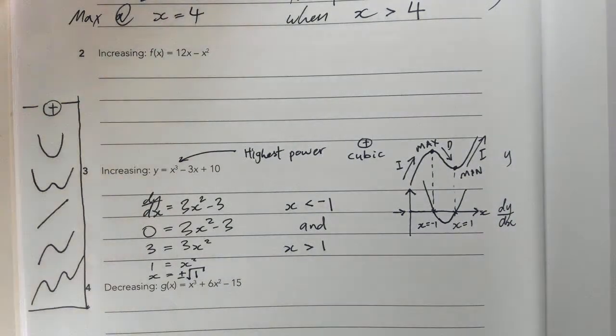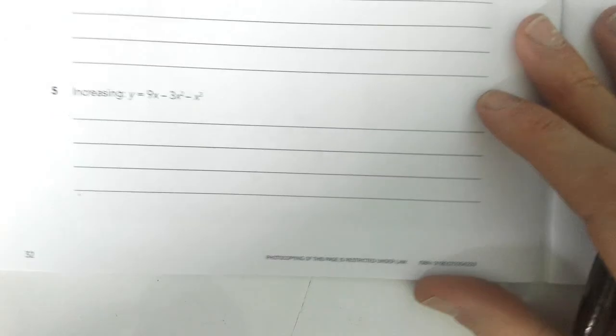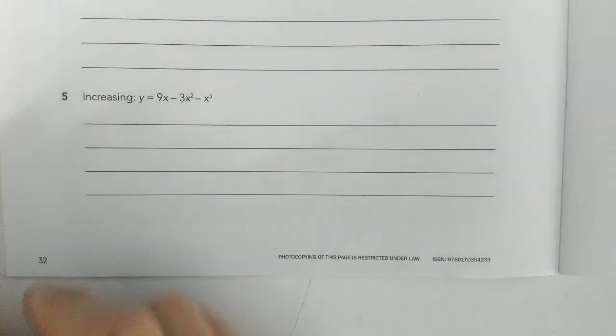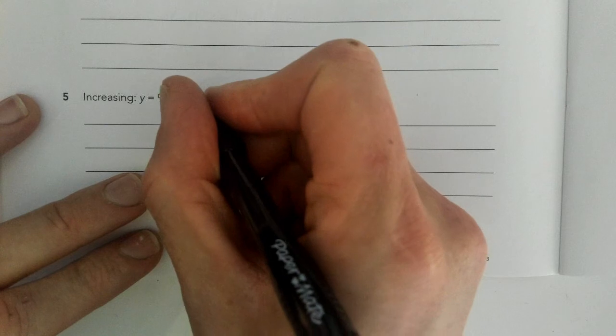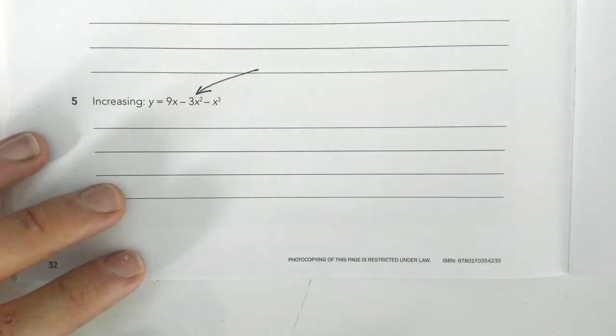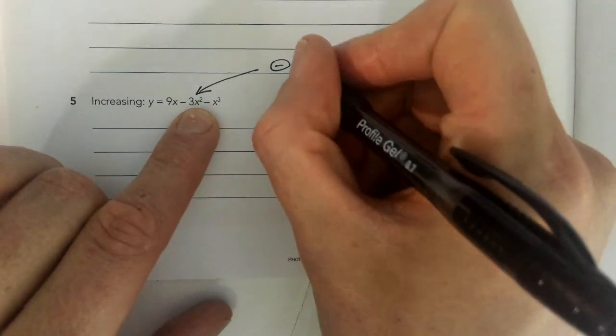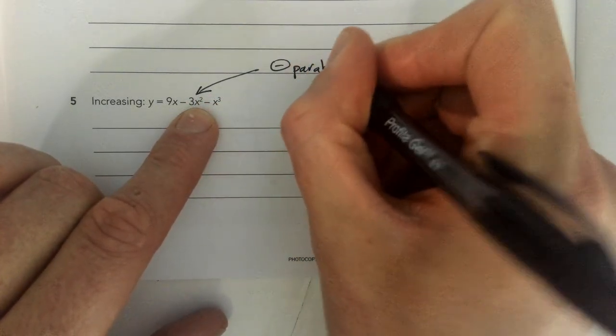Okay, should we do a little skip over to question 5? Okay, when is this function increasing? Same thing. Look at this. This is our highest power, and we can see it's negative, and we can see it's a parabola. Right?